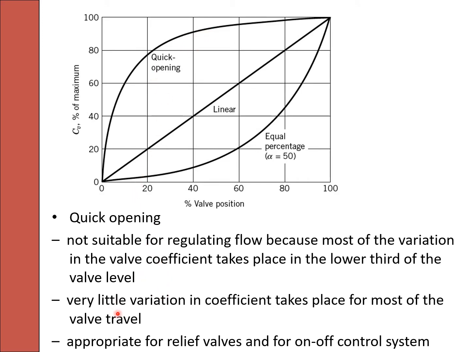In the quick opening valve, the variation in coefficient is very little for most of the valve travel. So this quick opening is most likely used for relief valves and also on-off control systems.